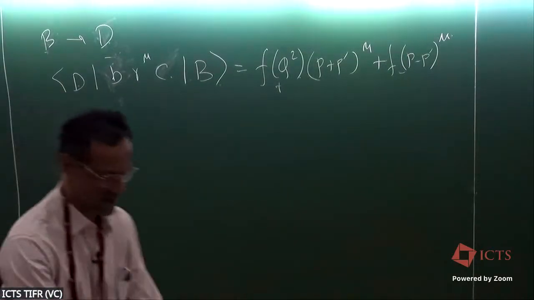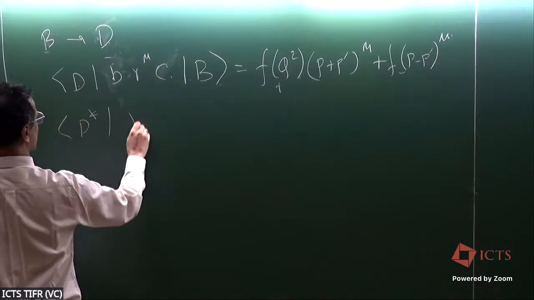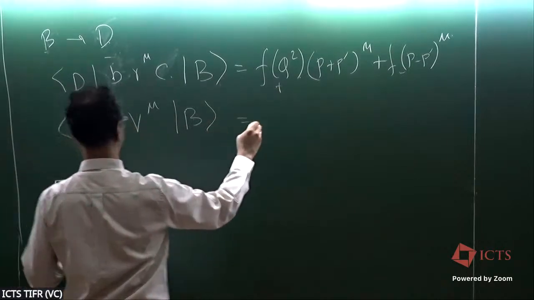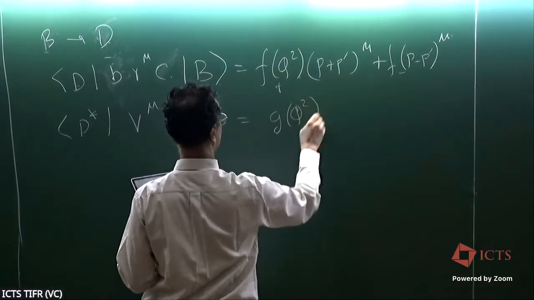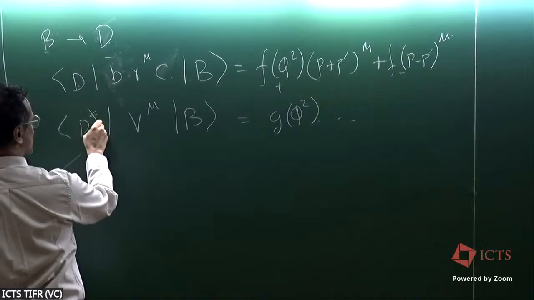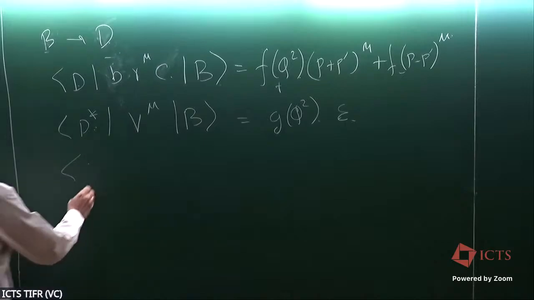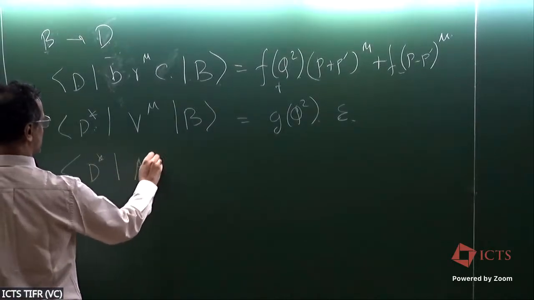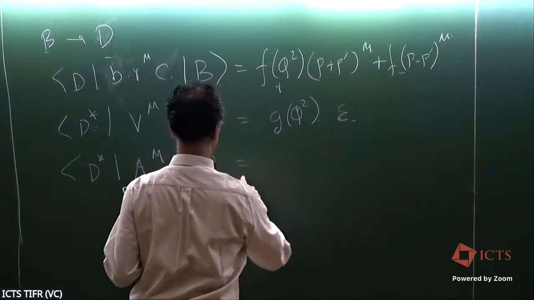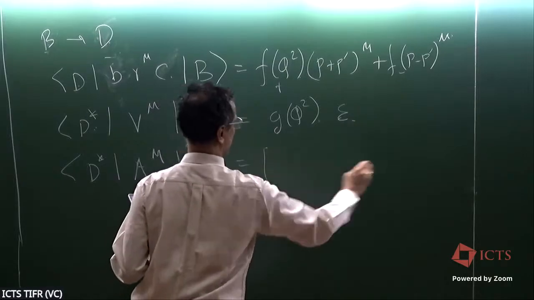So here again, you can have many kinds of currents. D star, let me just call it B mu for now. And this will have another form factor. Let me not write this down. So this has D star, so there will be an epsilon. So there are many more combinations you can write. You can have A mu, and here, because it's axial, you can have, again, many other combinations.